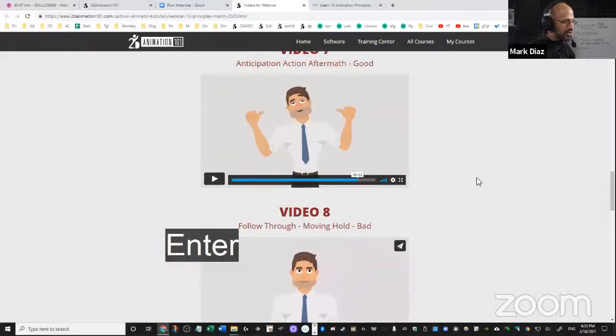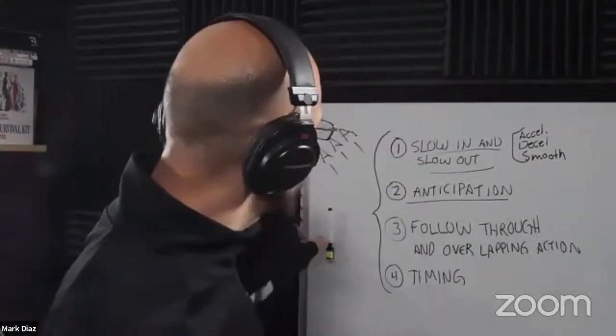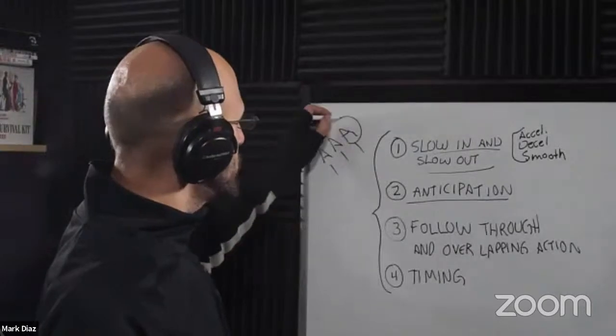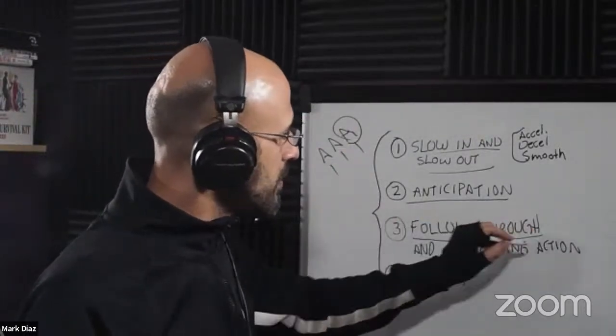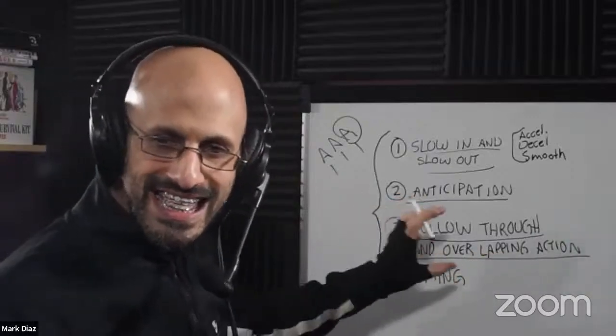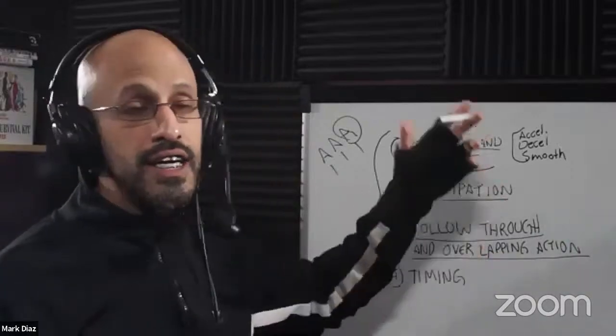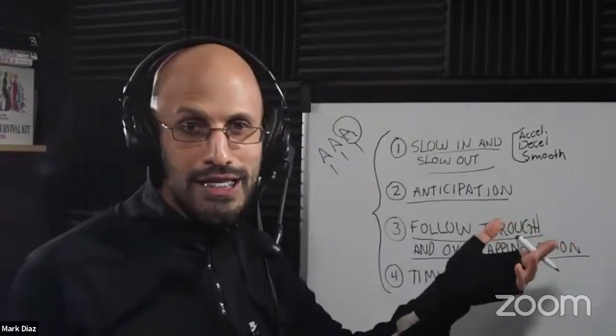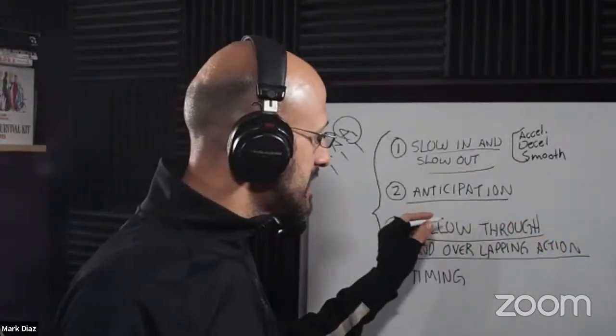Right now, let's go to another concept, the follow through, which, by the way, the aftermath is also part of, along with overlapping action. I'm not going to go into detail on this because there's a free course that you have access to and you can just get it.